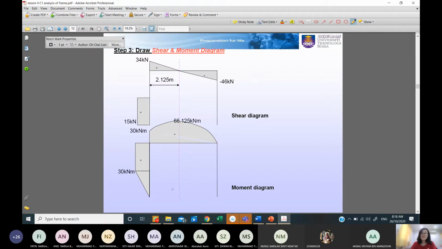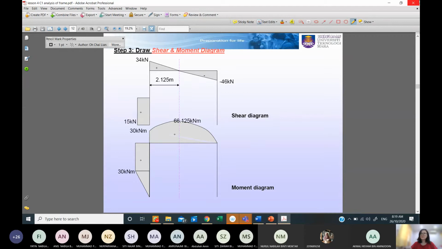Of course, the allowable limit of the displacements will be guided by the code of practice or standards when you learn your design later. But now, in this course, our concern is to determine exactly what the deflection is at a certain point. So this is our lesson today.